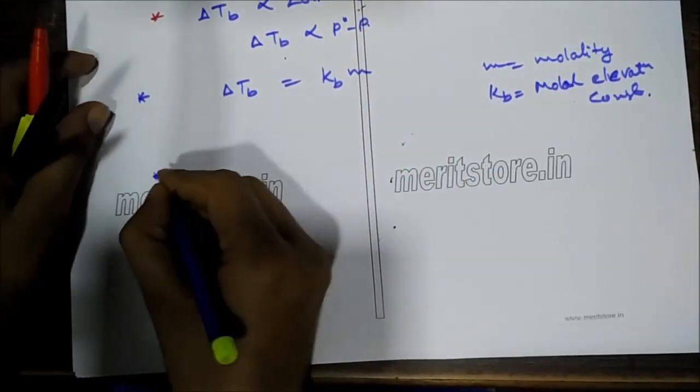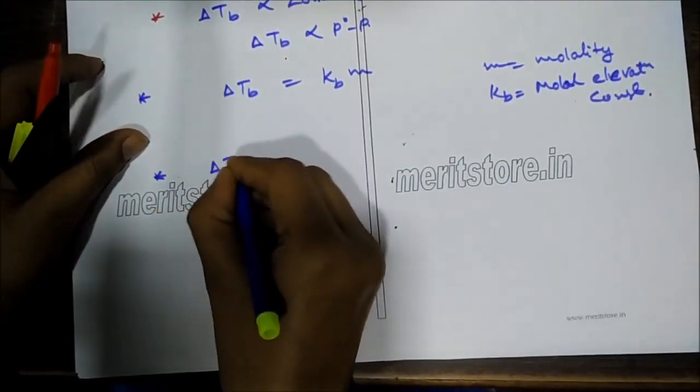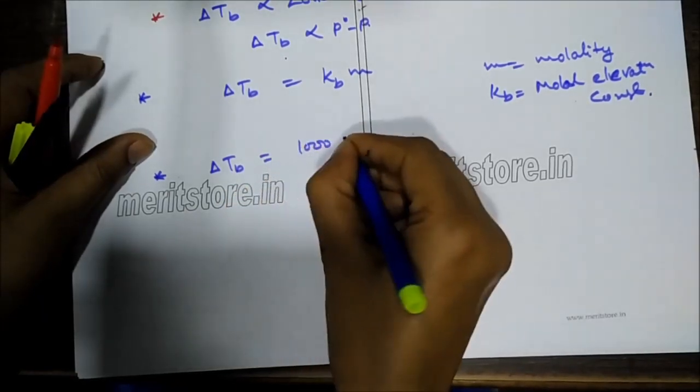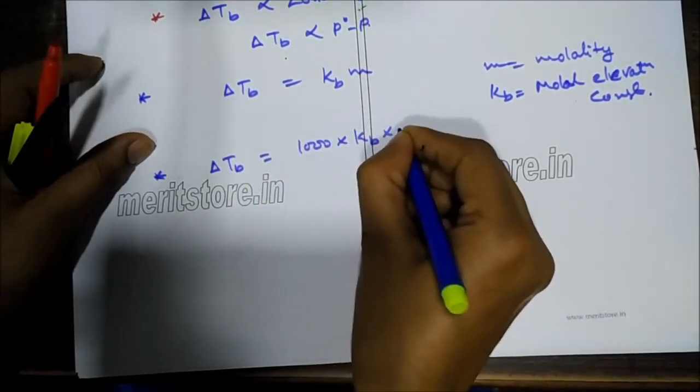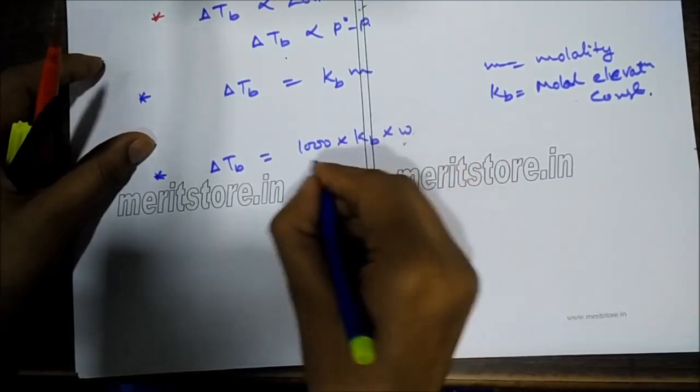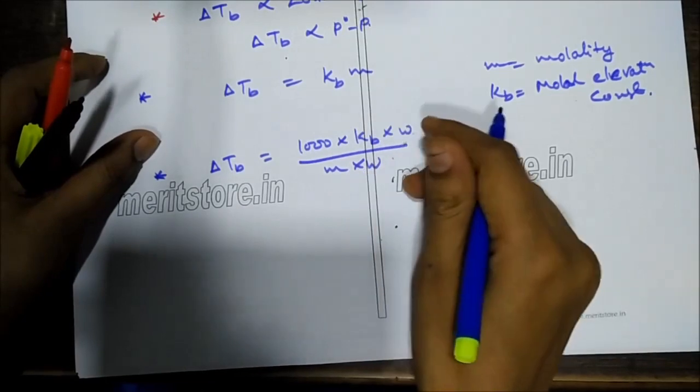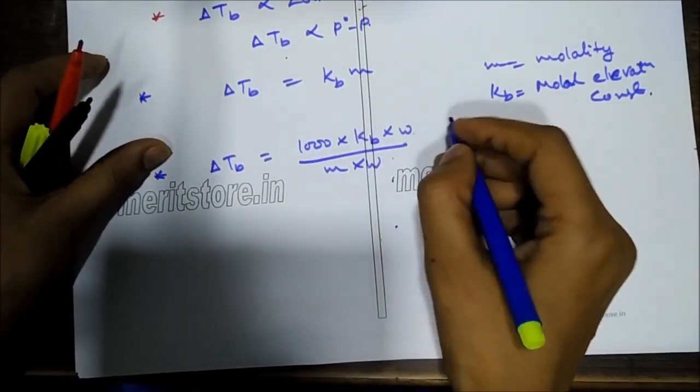Or we can write it in the form of ΔTb = 1000 × Kb × w upon M × W, where M is the molecular mass and w is the weight.